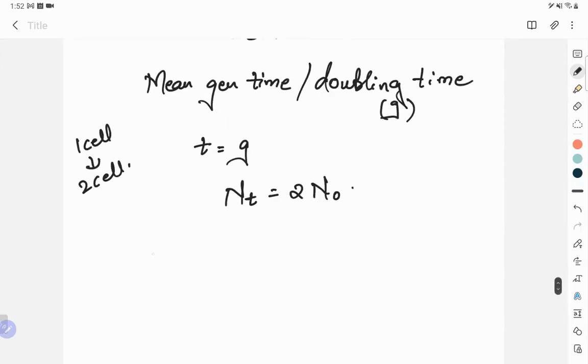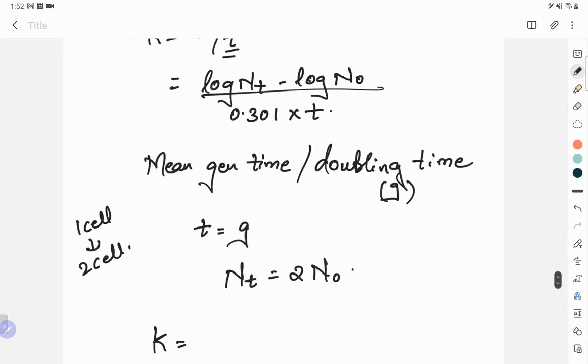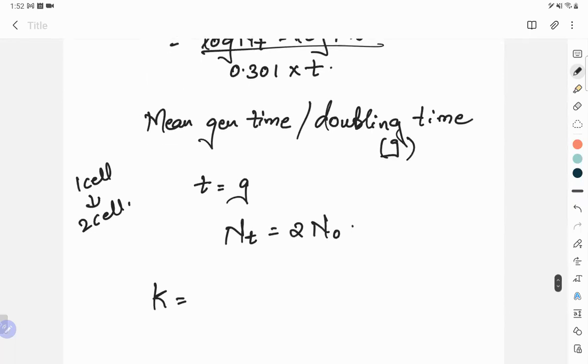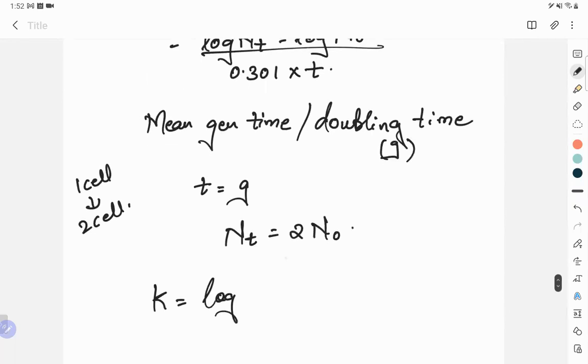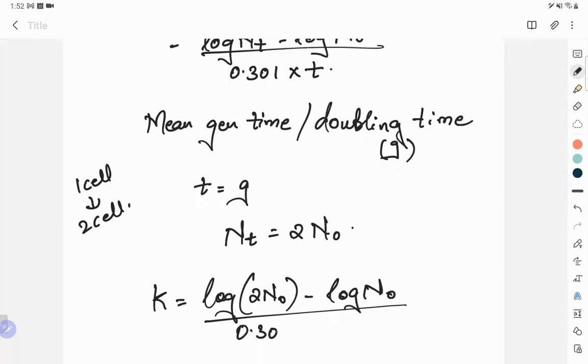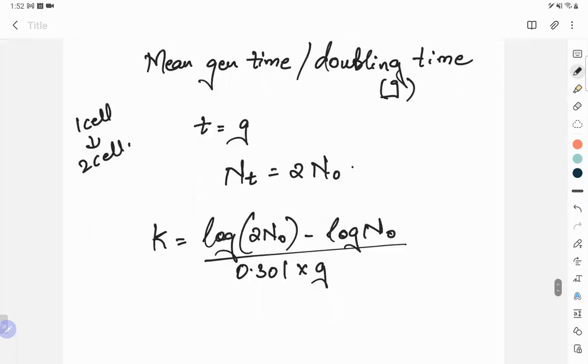So keeping this in mind, if I look at the formula of growth rate constant, if I substitute NT is equal to 2N0 in place of NT, this is how my growth rate constant formula will now look like, wherein T is equal to G.